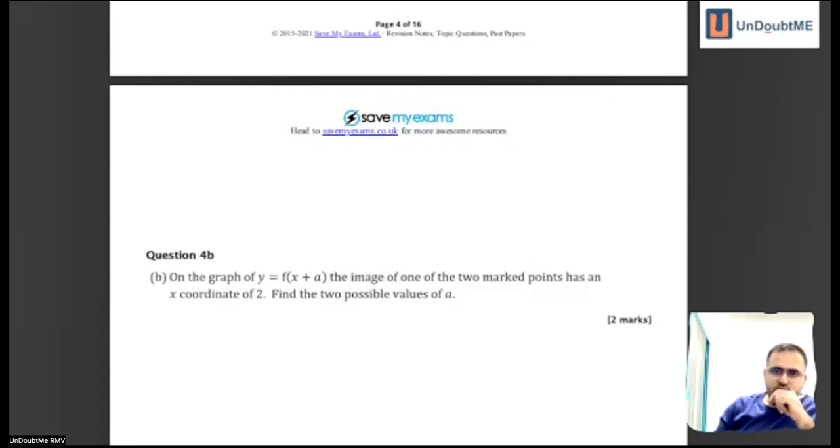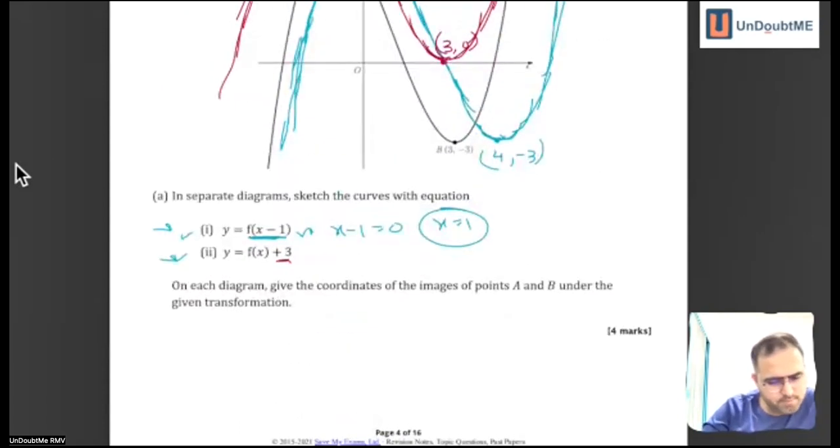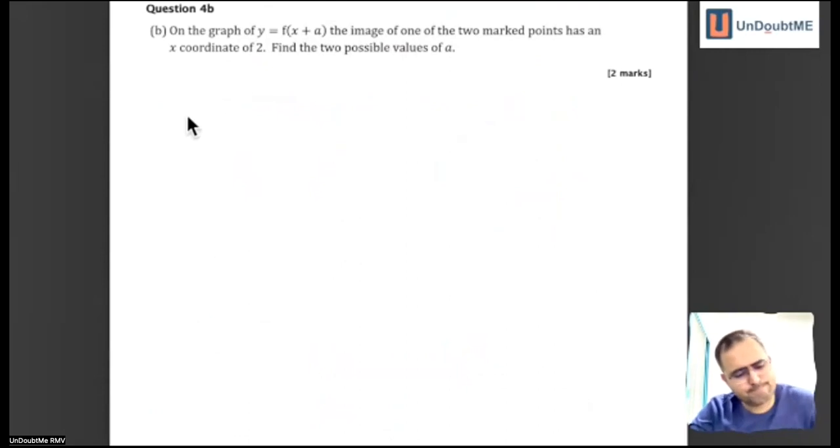Okay, they are asking for the possible values of a. Now what you have to understand is that A and B are already given, no? Point A is minus 1 comma 5, while B is 3 comma minus 3.